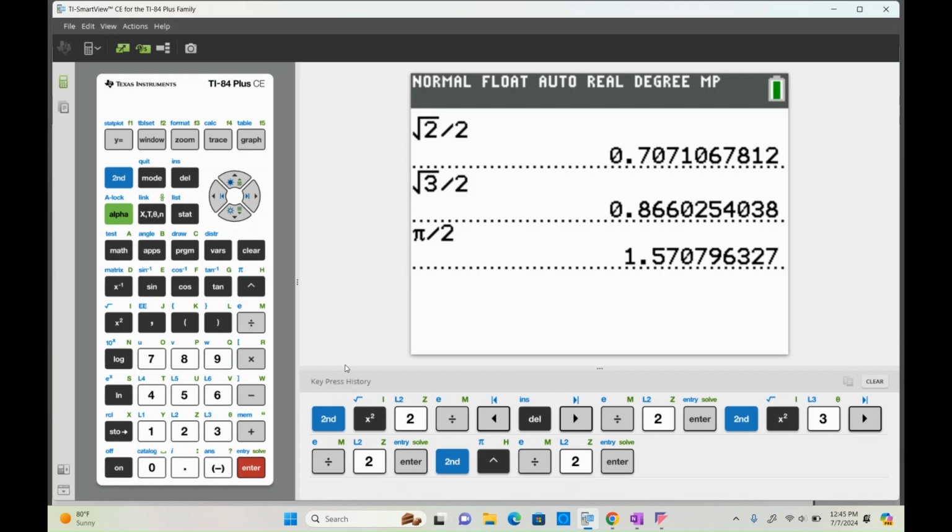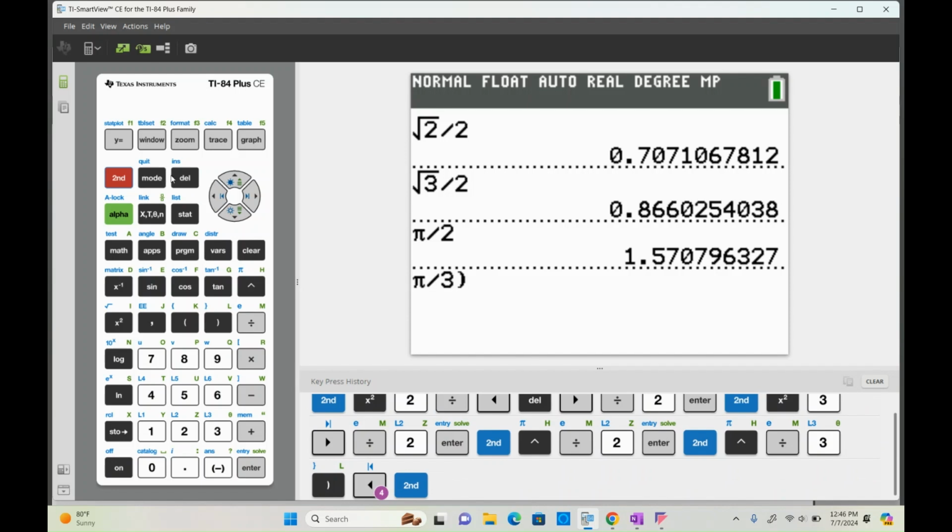And so we want to know what fraction pi over 3 is of this. Okay. So I'm going to take pi over 3 and I'm going to divide it by that pi over 2.